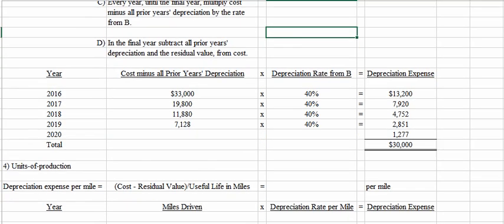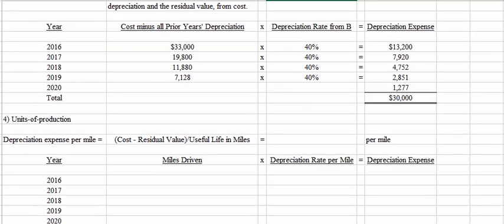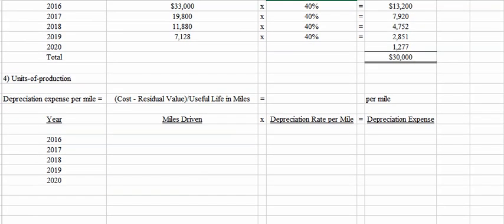Now the last one we're going to look at in this exercise, units of production. The first step here is to calculate depreciation expense per some unit of output. In this case, we're going to use miles on the van. So our formula is cost minus residual value divided by the useful life in miles.